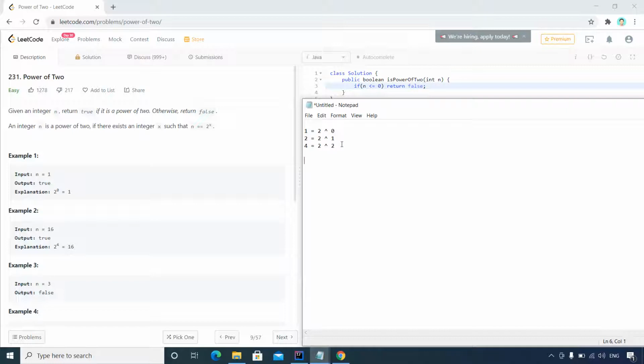So let's see how numbers are written in bit notation. 1 will be written something like this: 0 0 0 1. 2 will be written like this: 0 0 1 0. 4 will be written like this: 1 0 0, and so on. So as we see, only one 1 is changing its place, others are all 0.